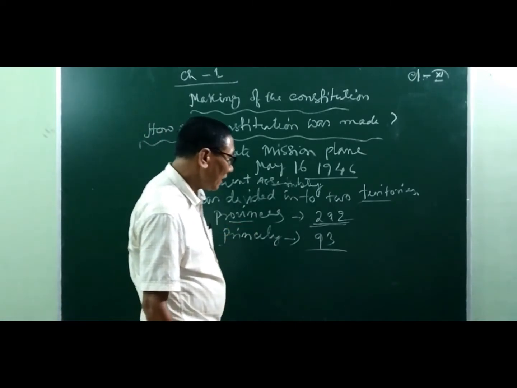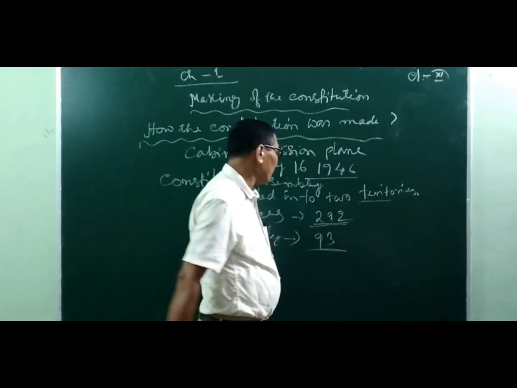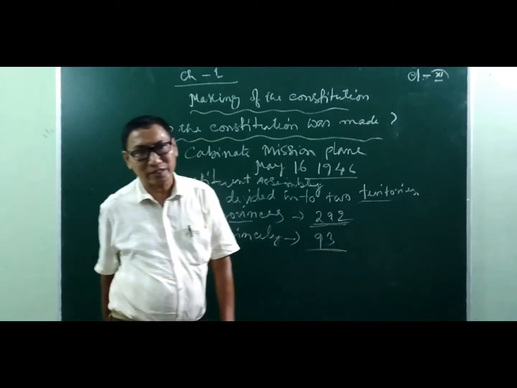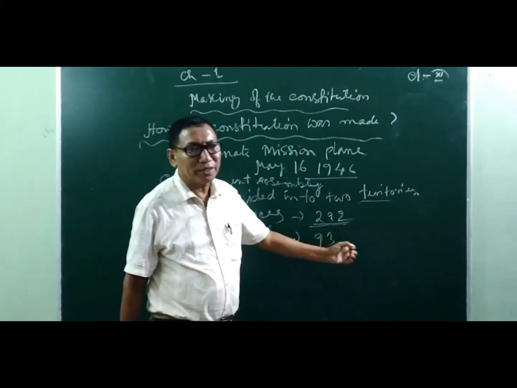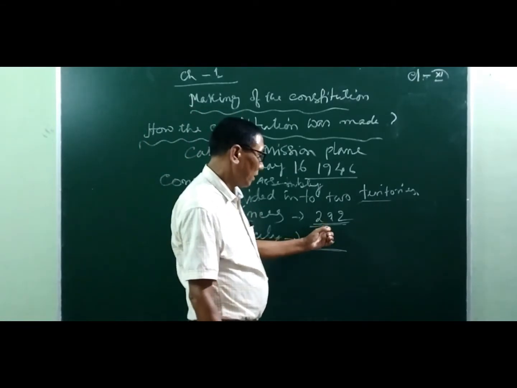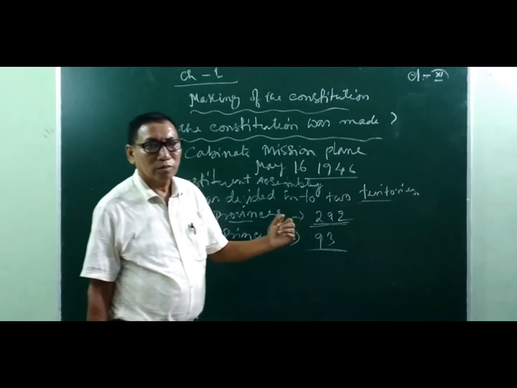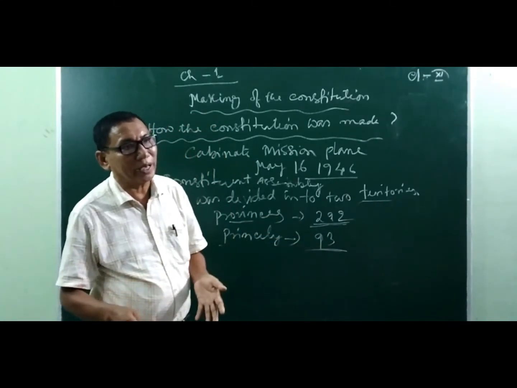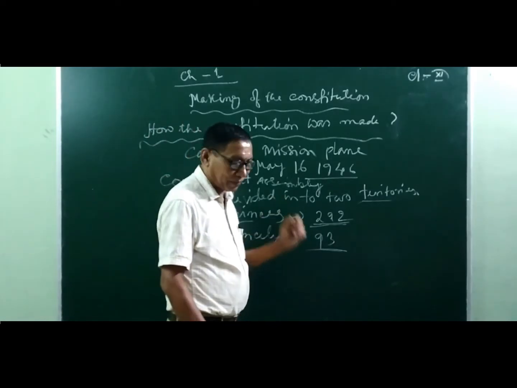From the provinces, they sent 292 members, and from the princely states, 93 members. The 292 were chosen on the basis of religion, as I said already: Sikhs, Muslims, Hindus, in proportion.